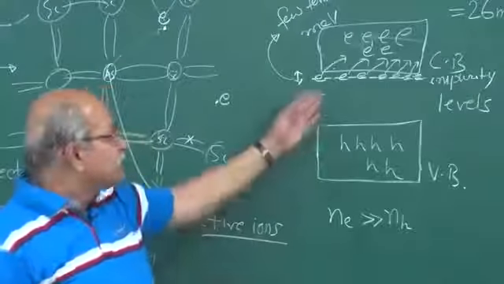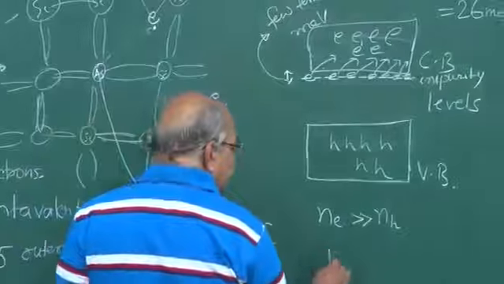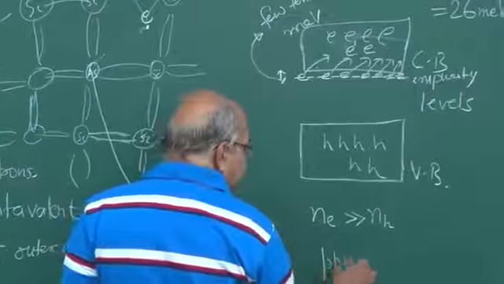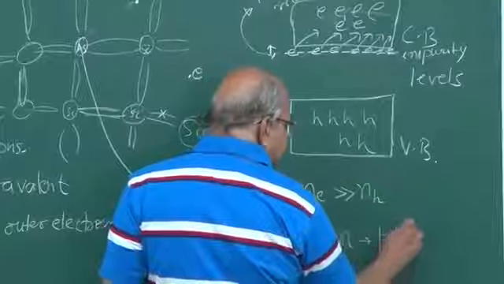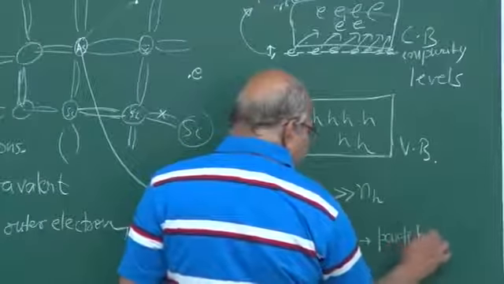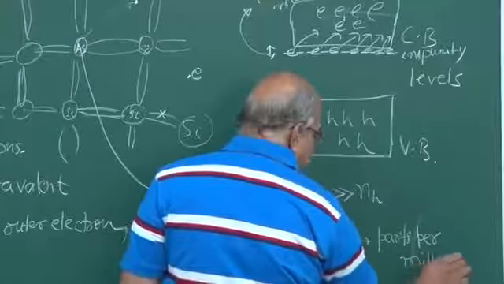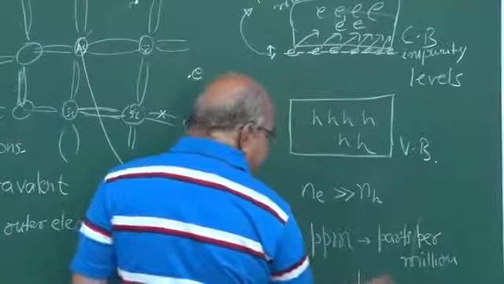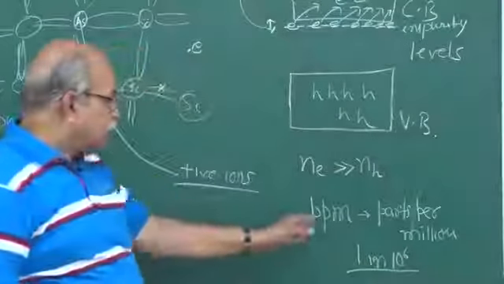So that will decide this. Normally, let us say ppm type doping. What is ppm? Parts per million, 1 in 10 to the power 6. So that is called ppm, parts per million.